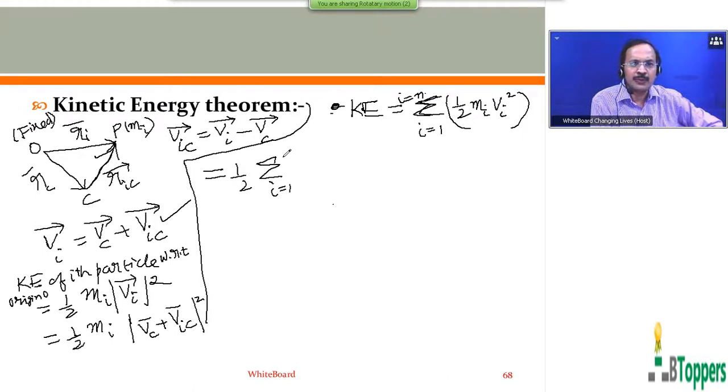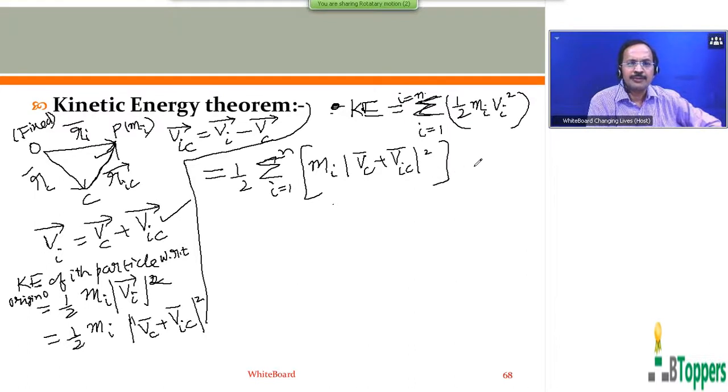Sigma I equal to 1 to n, mi, as I told you, vi square, the square of the magnitude of the velocity of I, can be written as the square of the magnitude of the vector sum of vc bar and v bar subscript IC.